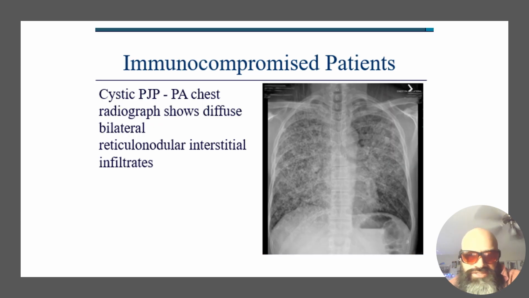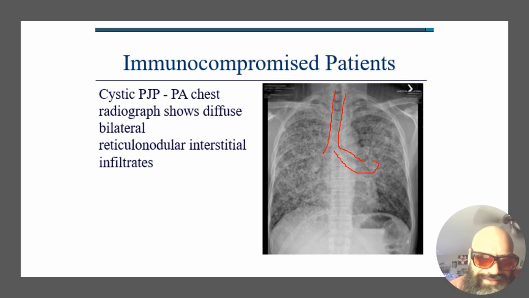So immunocompromised patients, you'll notice, we have the trachea here. Now we're able to fully see. This is an excellent air bronchogram sign right here. But now we have all this patchy, diffuse bilateral, the term they use here, reticular interstitial infiltrate.